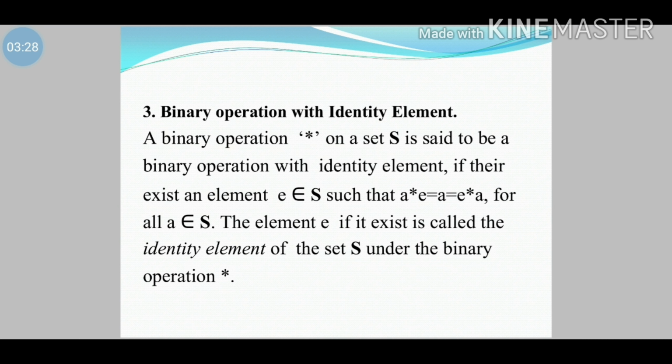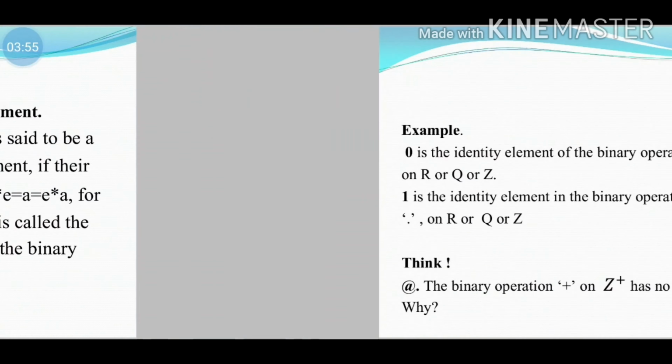The third thing is binary operation with identity element. A binary operation star on a set S is said to be a binary operation with identity element if there exists an element e in S such that a star e is equal to a is equal to e star a for all a belonging to S. The element, if it exists, is called the identity element of the set S under the binary operation star.